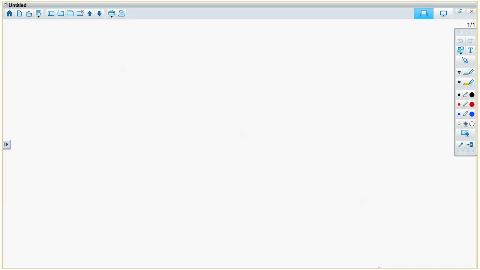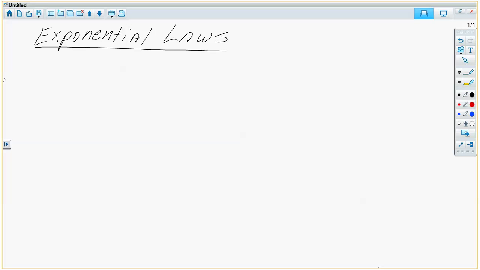First of all, I want to go over a little bit of review, and that is on the exponential laws. Exponential laws are as follows. Number one, it's called the product rule.